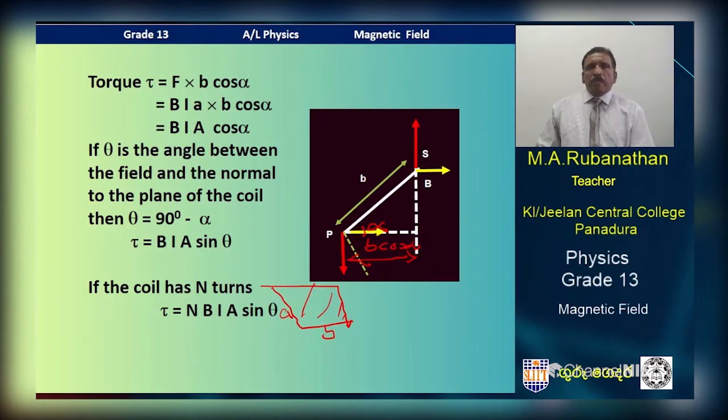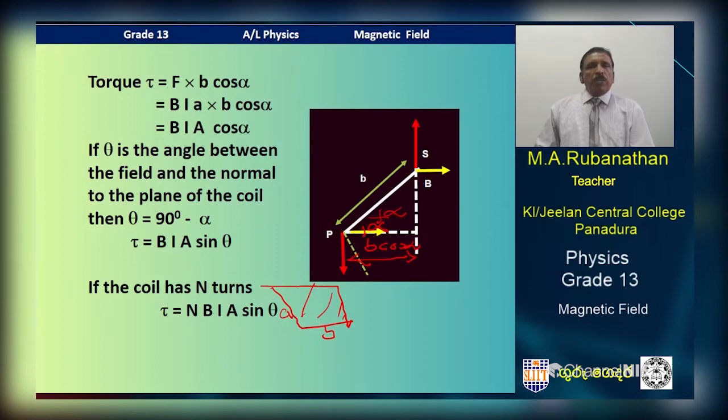B is the magnetic flux density, I is the current, A is the area of the coil, and alpha is the angle that the coil plane makes with the magnetic field.